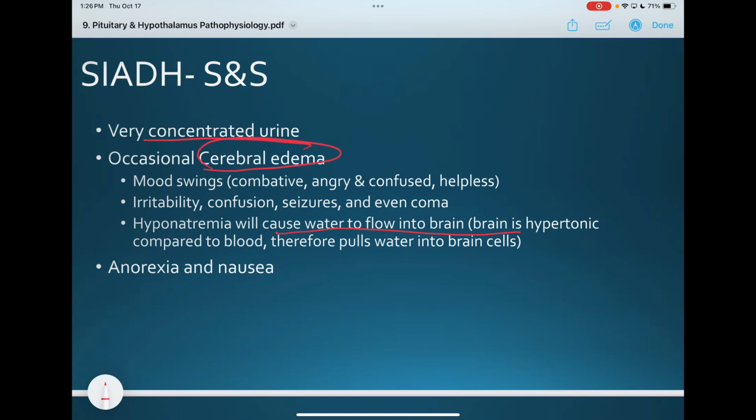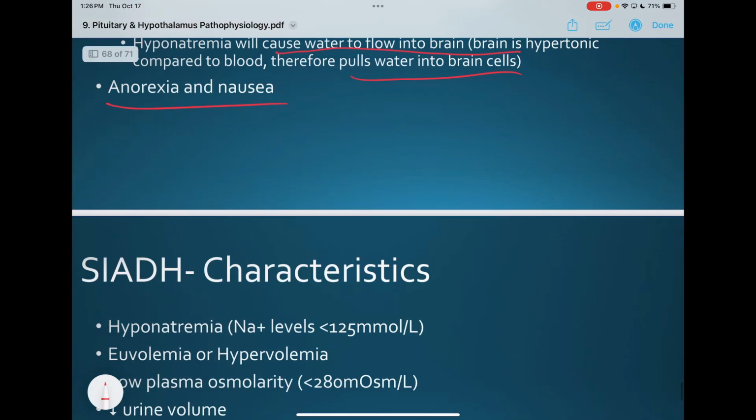This is where it comes in. Okay? So this is why we learned all that. It's going to pull water into the brain cells because there's a higher concentration of sodium in the cells than in the blood. Water is going to go to the higher concentration. Your cells swell in the brain, cerebral edema. And anorexia or nausea can also be there as well.